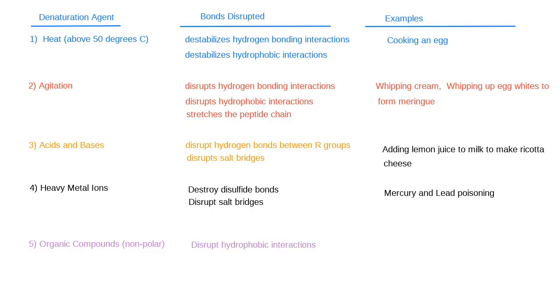So an example would be, what's a good example? I mean, obviously, if you know, benzene is toxic, you don't want to eat any of that. Most organic compounds are poisonous and or carcinogenic.